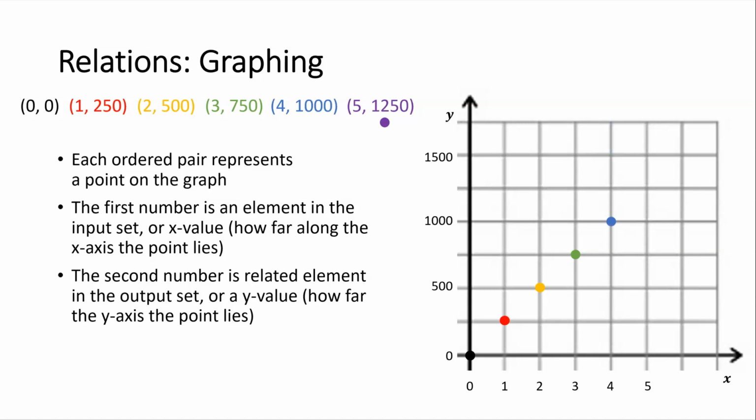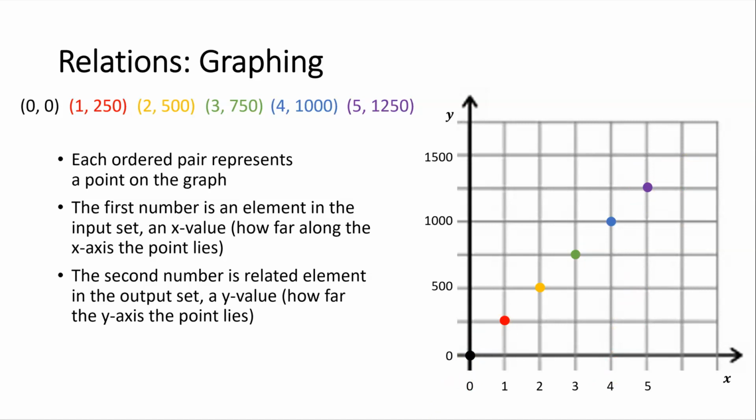Finally, 5 and 1250, that's 5 along the x-axis, all the way to 1250 on the y-axis. So those are your 5 points.